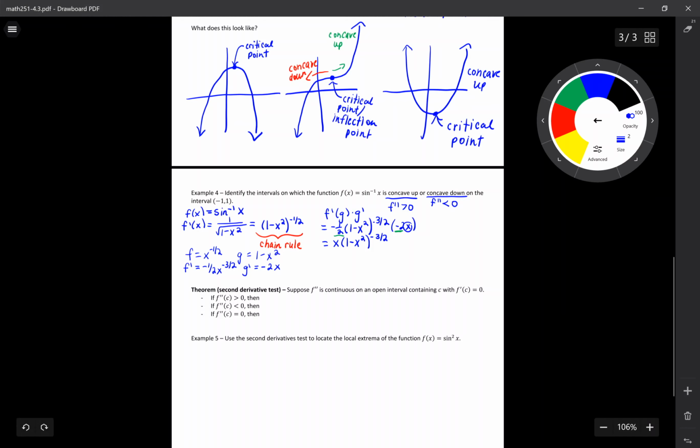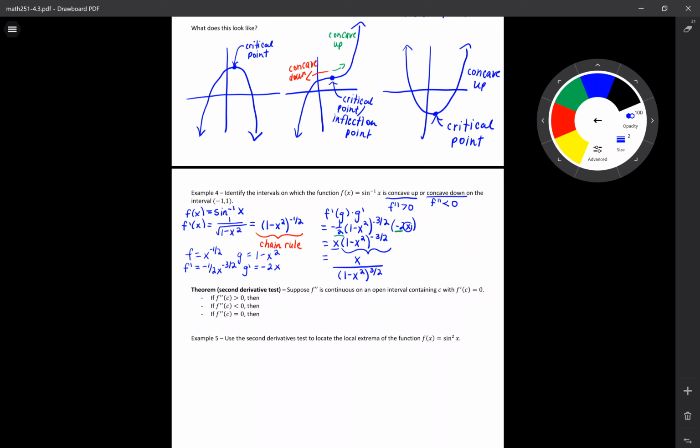And another way to think about this, since I have that negative exponent, is I can move this to the denominator. That makes my negative 3/2 positive. So I will just have this x on top, and then on the bottom, I have 1 minus x squared to the power of 3/2.